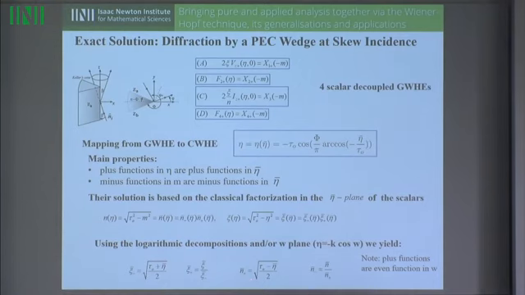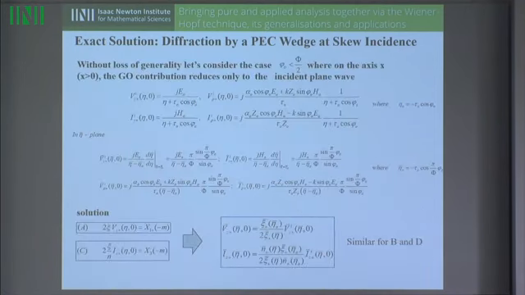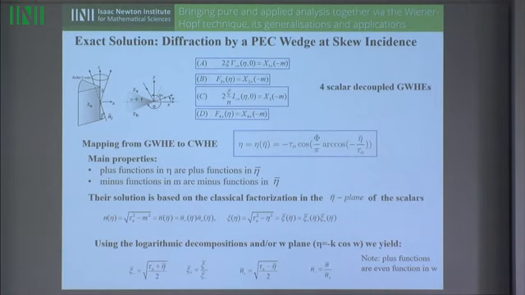To get this kind of factorization, you use logarithmic decomposition, and then you can also use the angular complex variable w to get this factorization, or you can do it directly in w by inspection, because we know an important property that is not justified here: plus functions are even functions in w.